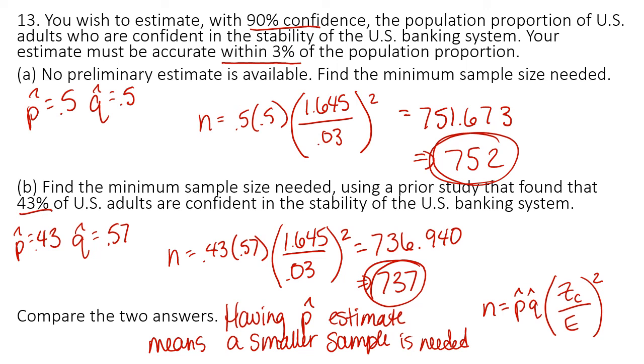The only difference is we can ask 15 fewer people in the bottom scenario because we have an idea of what they are. And the further p hat and q hat are from 0.5, the even smaller from the other number this will become.